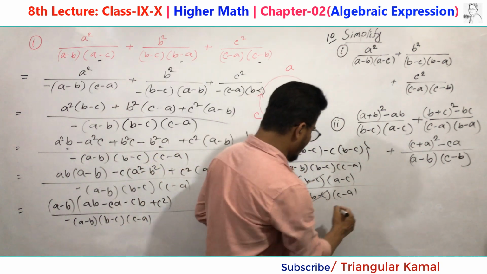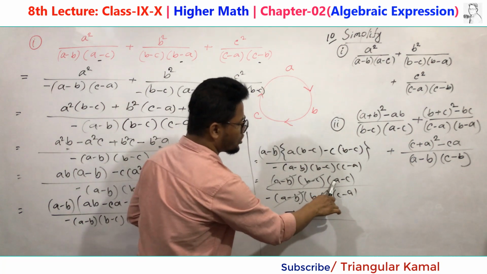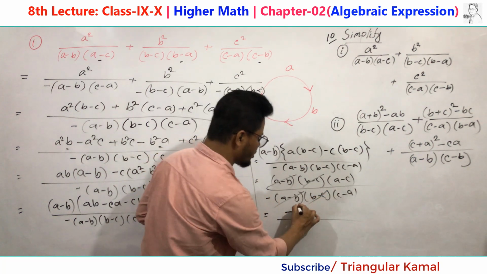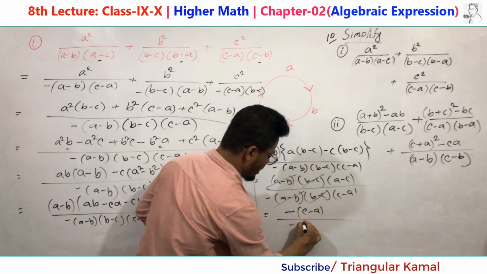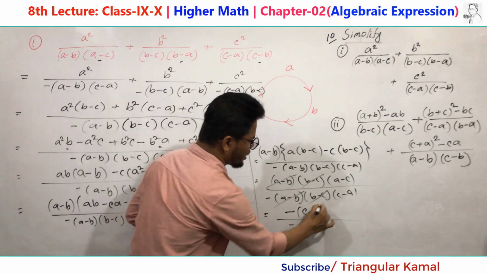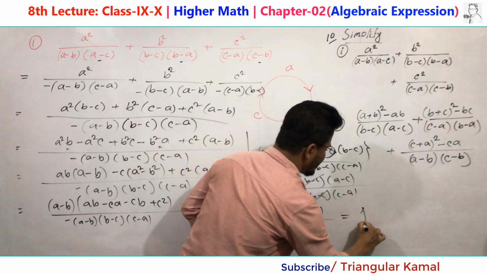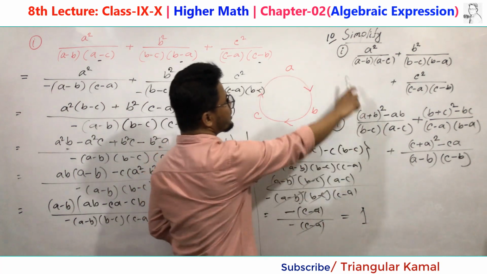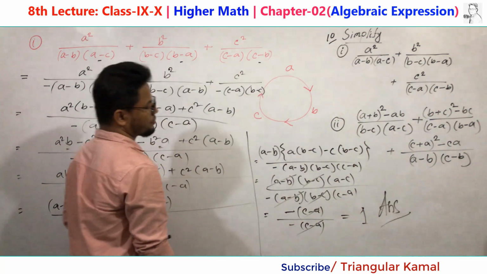So just take common minus, then a minus c is converted to c minus a, and the denominator remaining is c minus a. If we eliminate them, minus minus plus, the answer will be 1. So after doing simplification, finally this answer is 1.